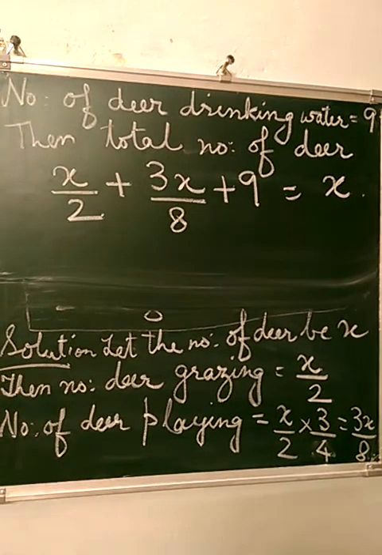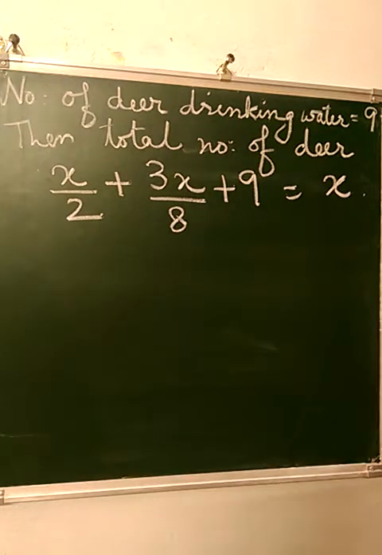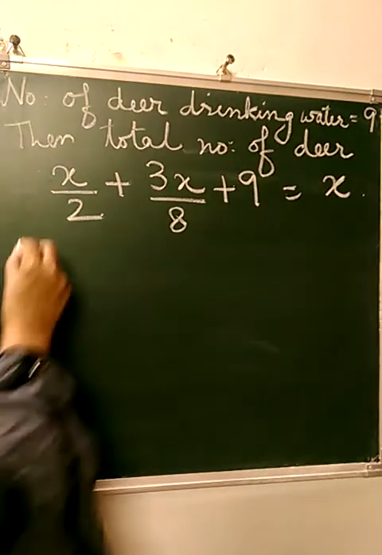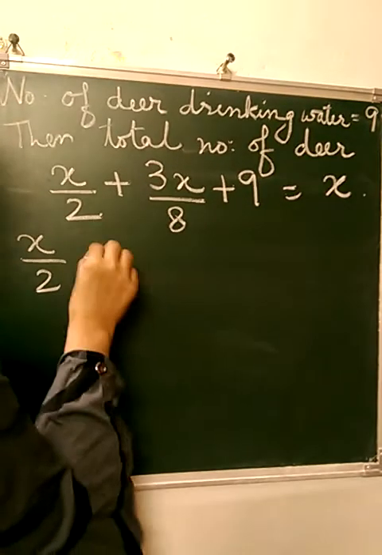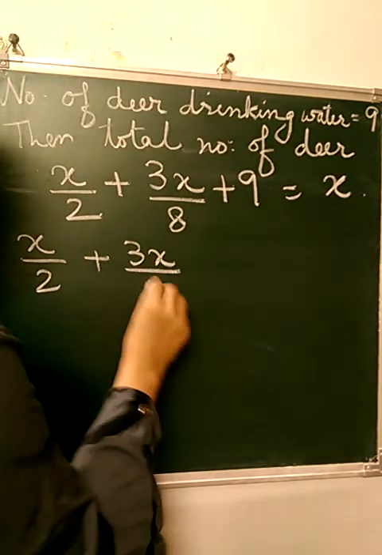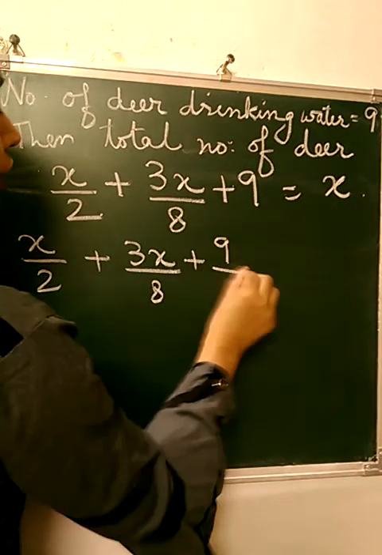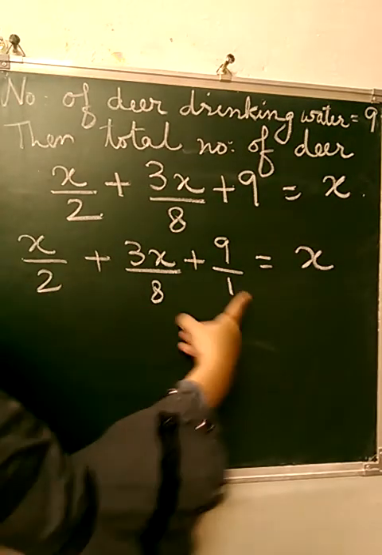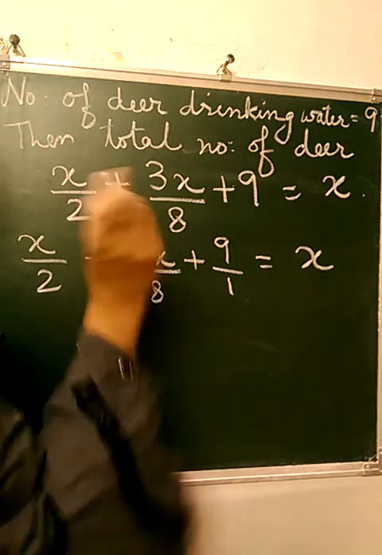So first we will find out the LCM. Now this 9 can be written as 9 upon 1. Simple method we use. Now if you multiply here by 4, it becomes 8, and if you multiply here by 8, it becomes 8.